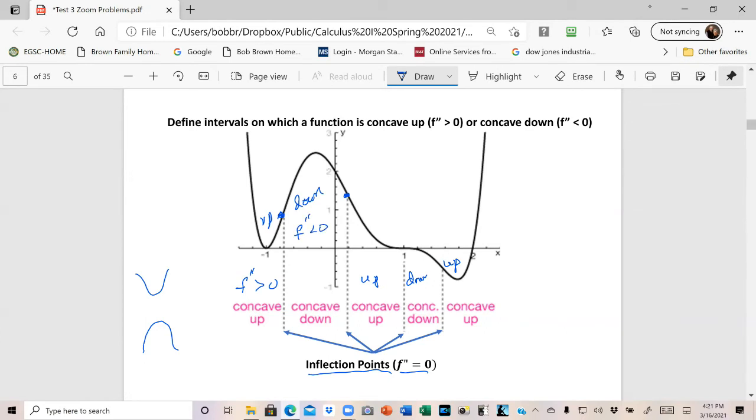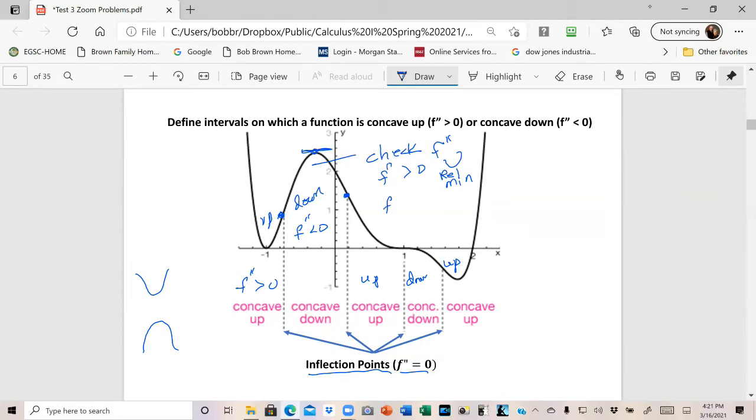So this can help you tell whether you have a relative min or a relative max by finding the critical points where the derivative is 0, and then checking the second derivative. If f double prime is more than 0, it's concave up, so it's a relative min.